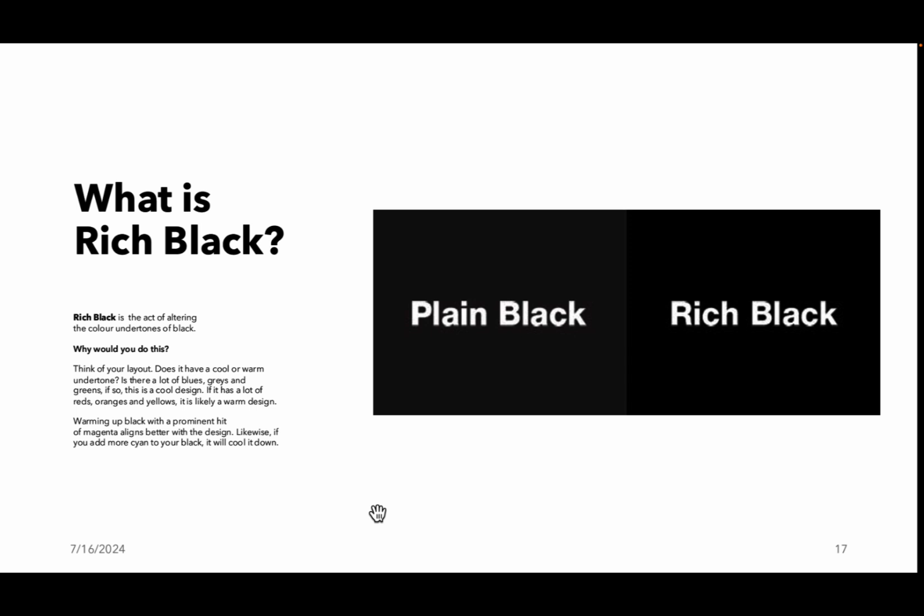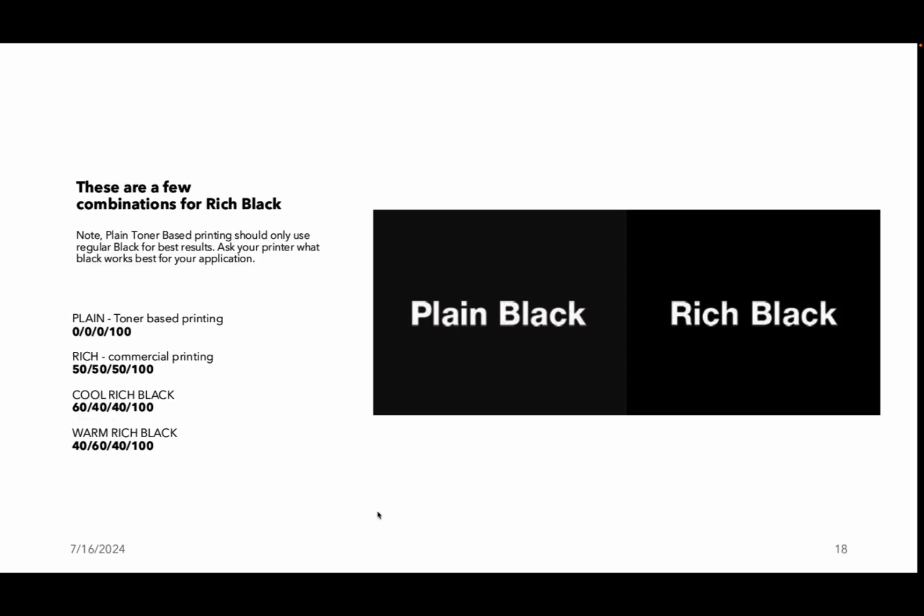Now, Illustrator and InDesign, as mentioned, default to showing you rich black. You can change that by going into one of the settings in InDesign and in Illustrator under your preferences, and there is something that says rich black. Here you can see when you would use a rich black or how to consider rich black.